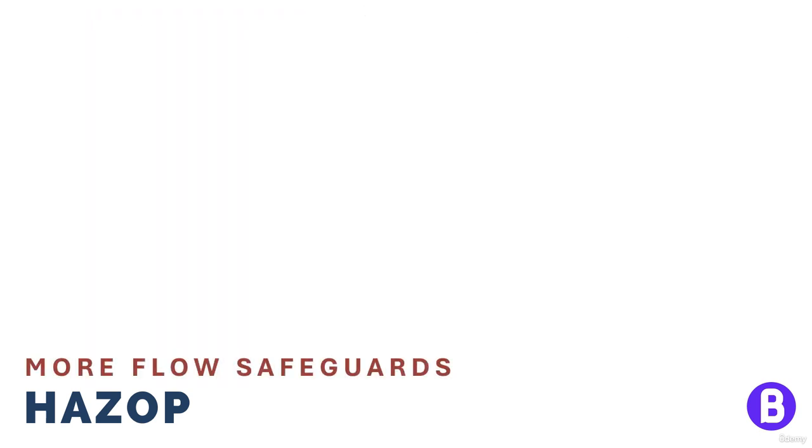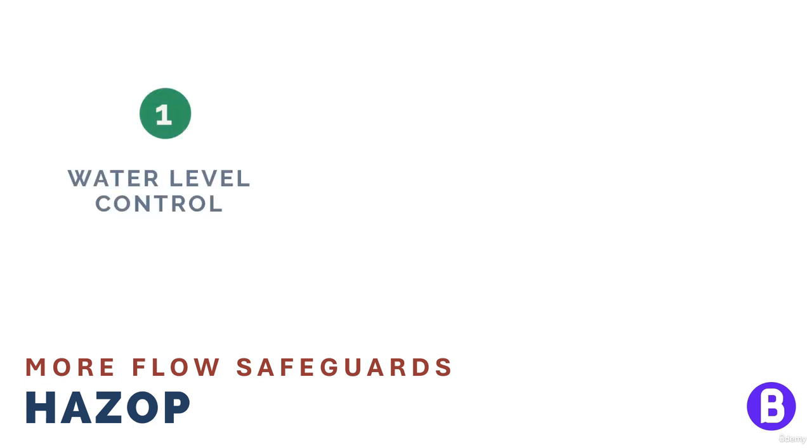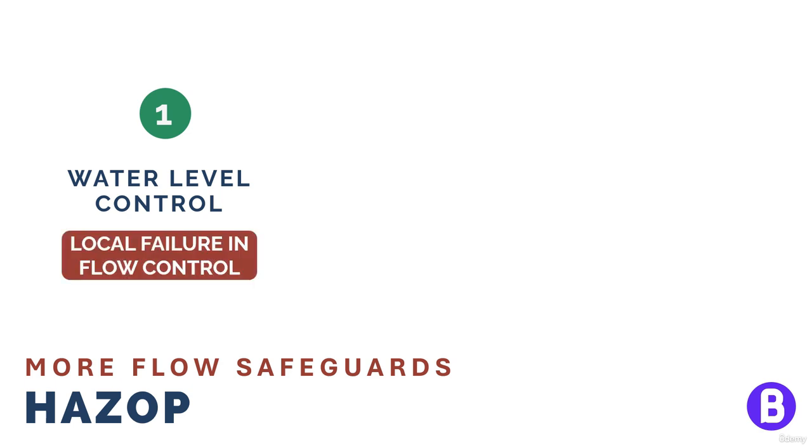So, to sum up the safeguards we are having here, we are having three safeguards. We are having level control on the level side. However, it can only be considered as a safeguard in case the failure was local in the inlet flow control loop. We are also having a high level alarm in the vessel on both oil and water sides.